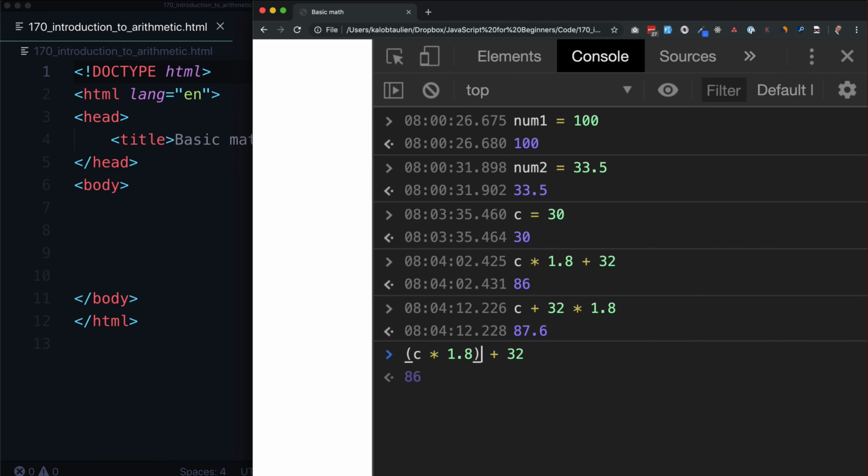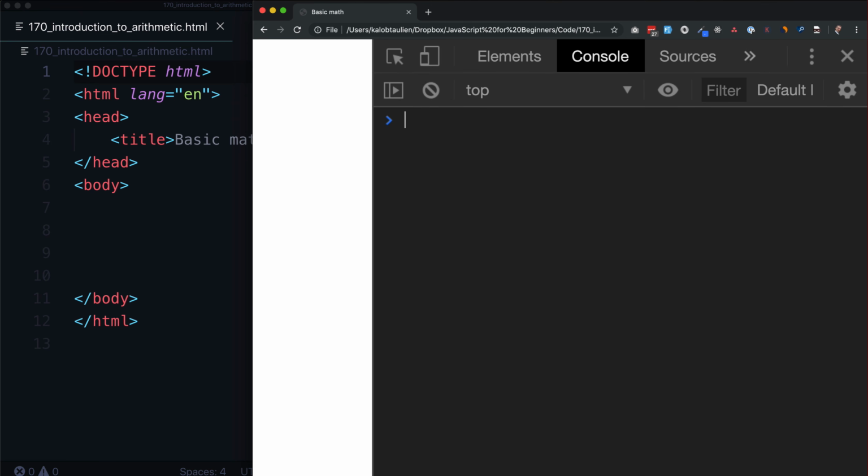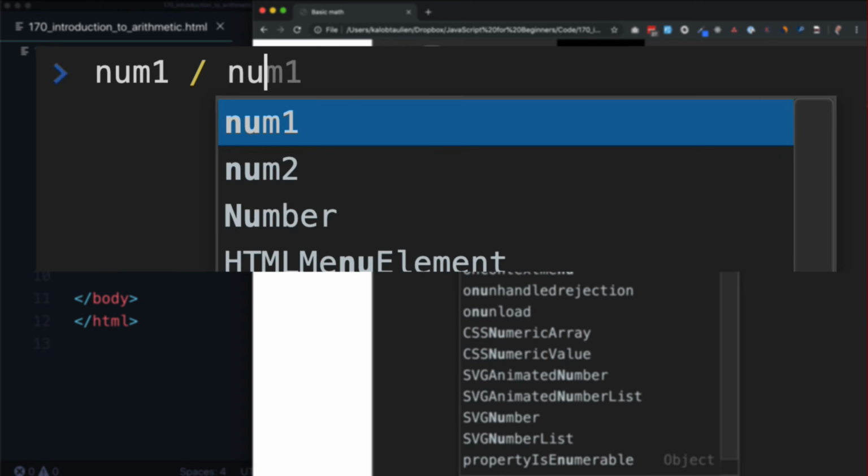And again, you really don't need to know too much about this, because for the most part, we don't do a lot of math until we get into the real nitty gritty of something super complex. And for most of us, that doesn't happen. So this was your introduction into arithmetic. Just as a quick summary here, you have num1 divided by num2.